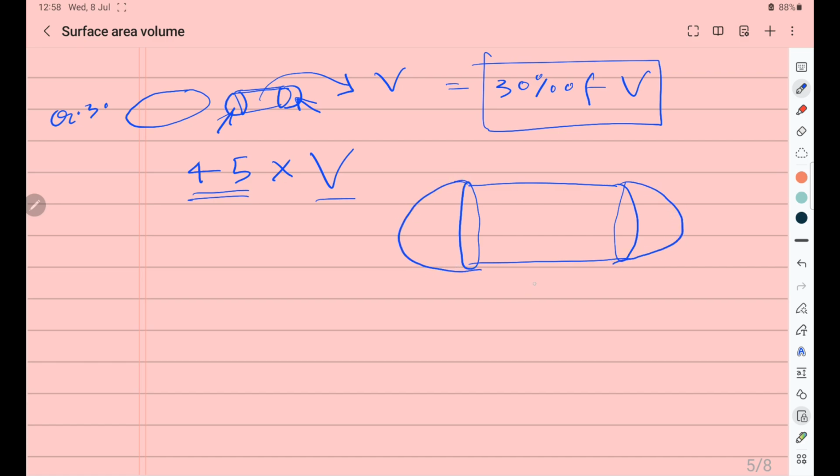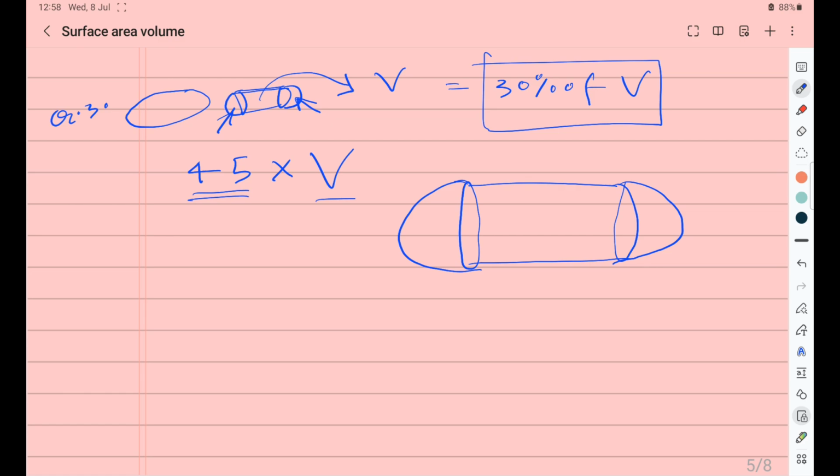This is the one gulab jamun. The dimensions are also given: the length is 5 centimeter. It is very important that the overall length is given as 5 centimeter.